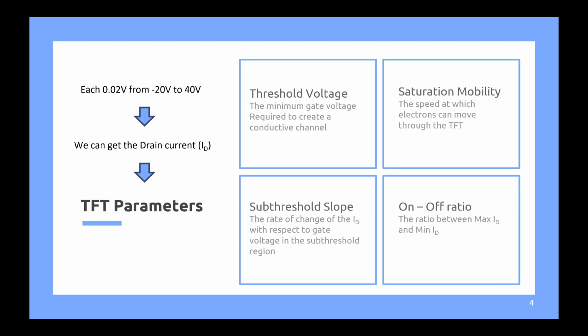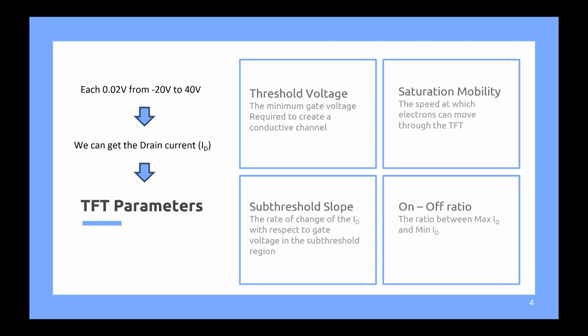Through a total of 20 experiments, we were able to obtain electrical data measured using a semiconductor parameter analyzer from 966 TFT devices. For the measurement, the drain current was measured according to the gate voltage change at 0.02 volt intervals for each TFT, from -20 volt to 40 volt.